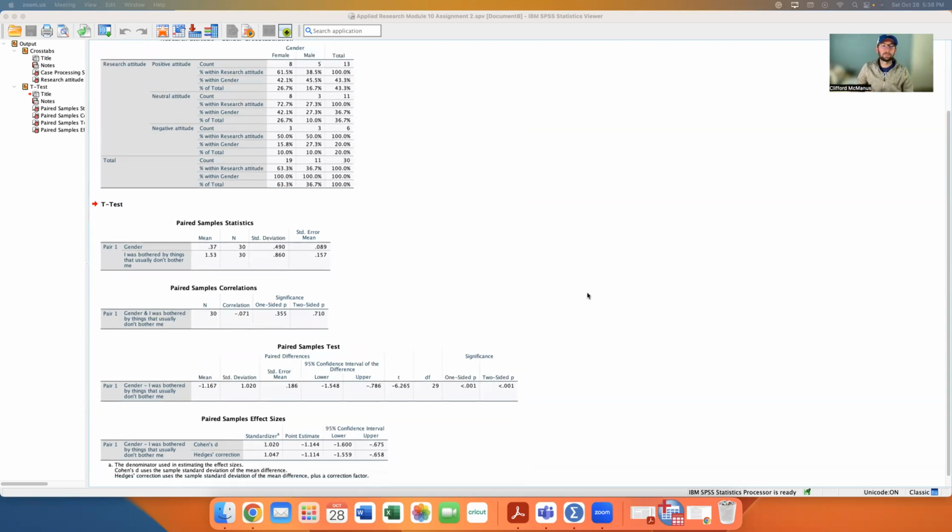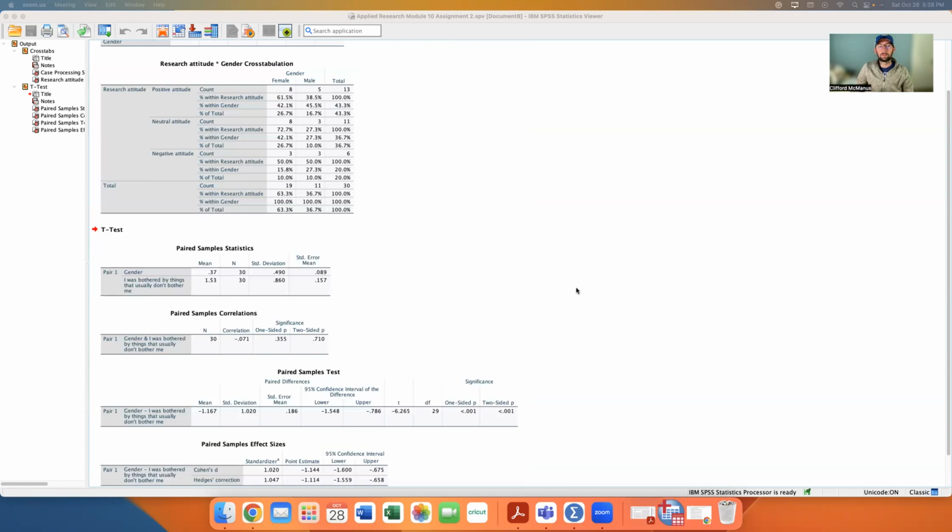Next thing I did was a paired sample t-test to determine the relationship between gender and the question, I was bothered by things that usually don't bother me. So right here under means, or average, for gender, the response options were 0, 1, 1, 2, and 3.